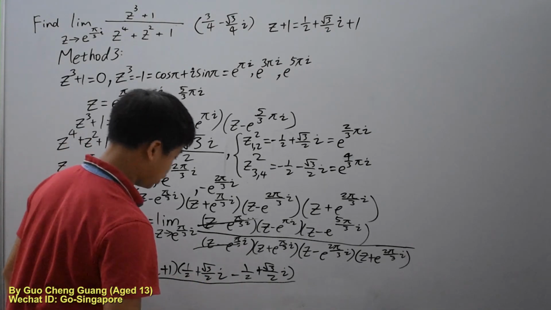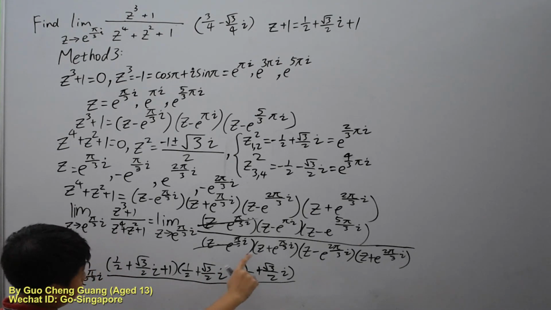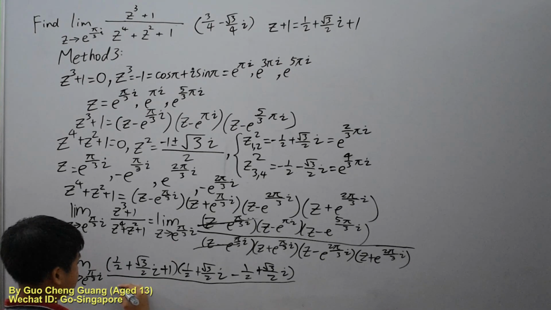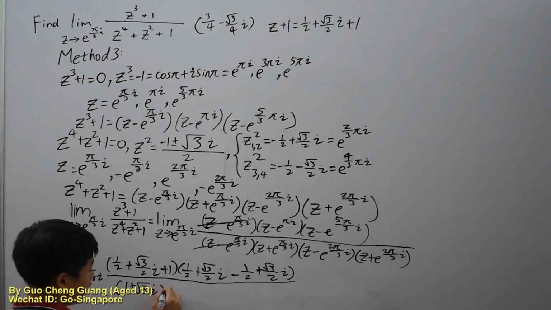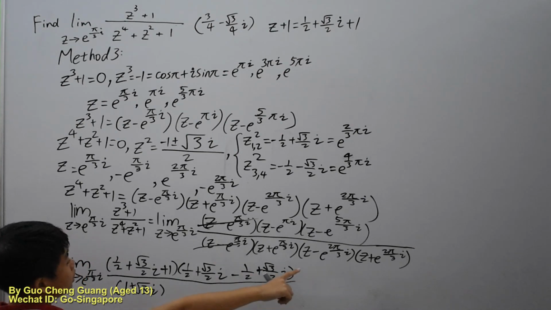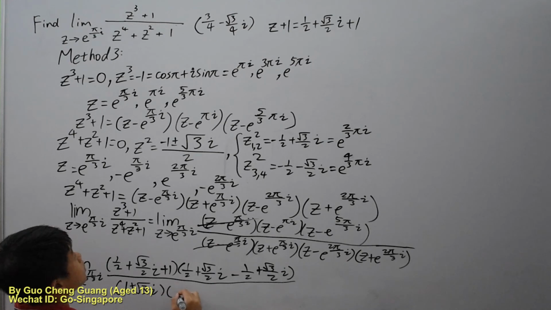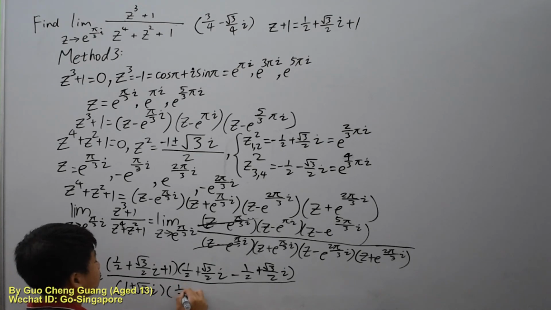Then is the denominator. So for the denominator, z plus, so 2 of this part, and 2 of this part, you're just going to get 1 plus root 3i for the first one. Then the second one. The second one here is basically this part, half plus root 3 over 2i.